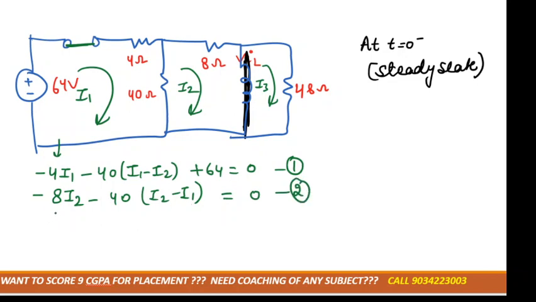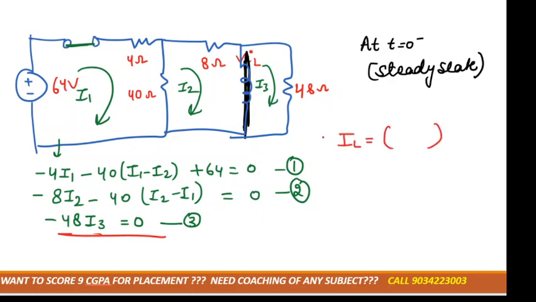Now the third mesh equation. Similarly we get I3 value as 0. We have two variables, two equations, we can solve it by calculator. Now IL would be equal to, tell me, I2 minus I3 or I3 minus I2?